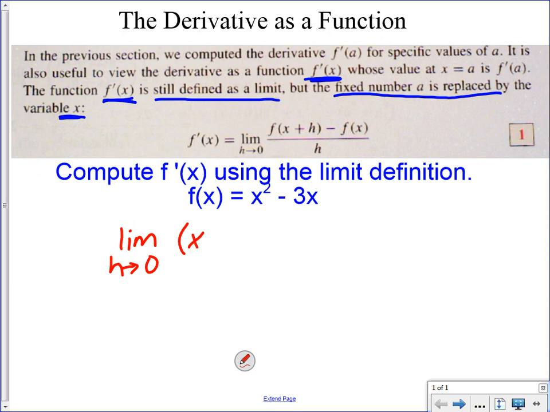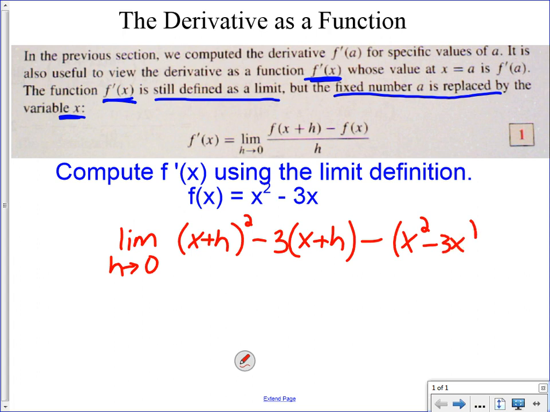So we'll have (x plus h) squared minus 3 times (x plus h), minus f of x, minus (x squared minus 3x). It's a good idea to put f of x in parentheses because you're going to have to distribute that negative. So that's a good reminder to do that. All over h.